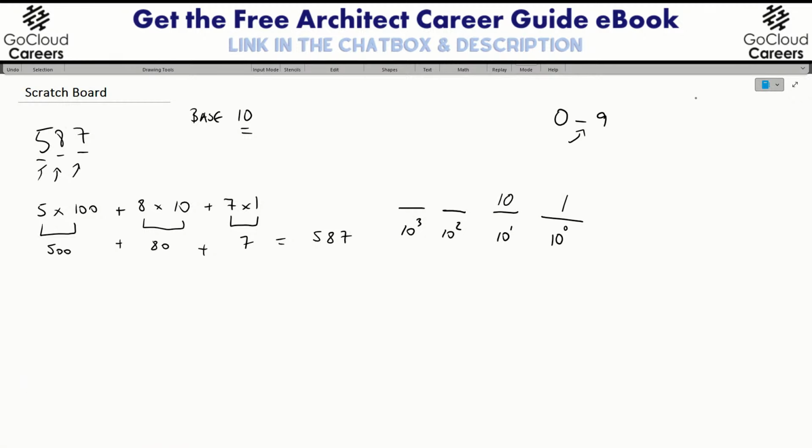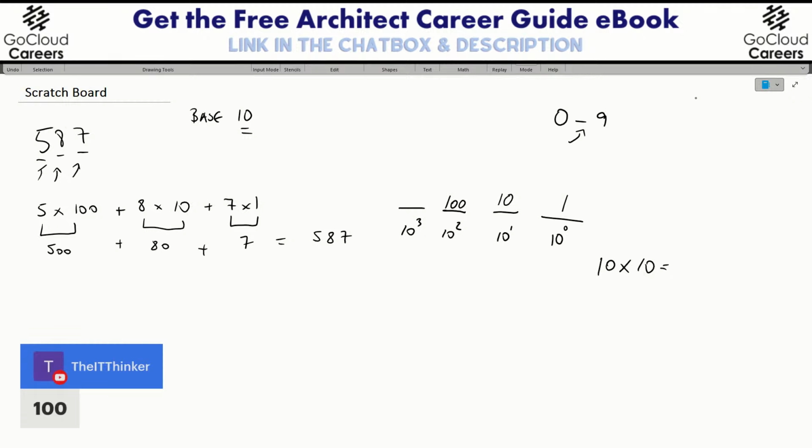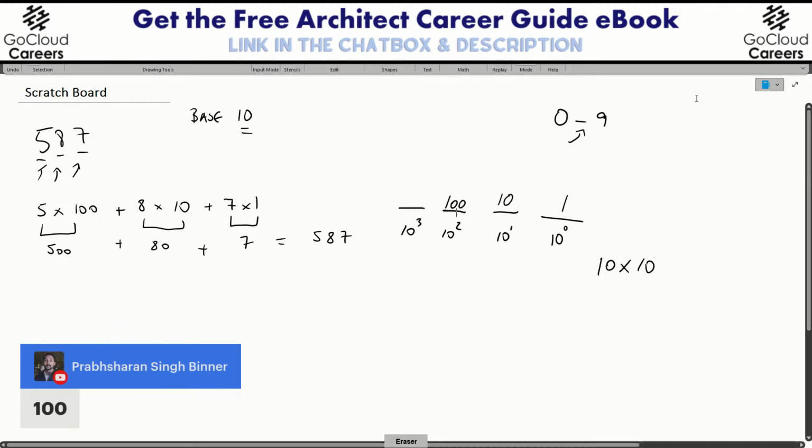Fantastic. All right. Let's go to 10 to the second power. So we're looking at 10 times 10. What is 10 times 10? Fantastic. All right. And then finally, let's do 10 to the third.